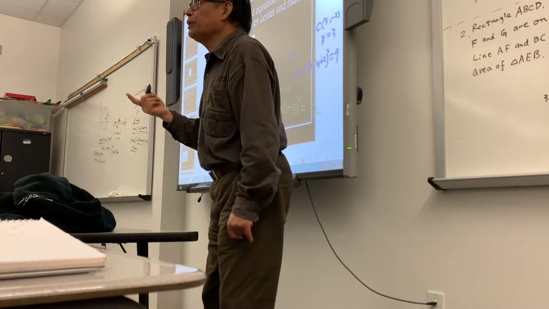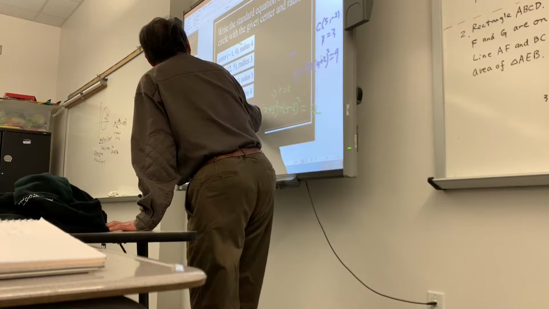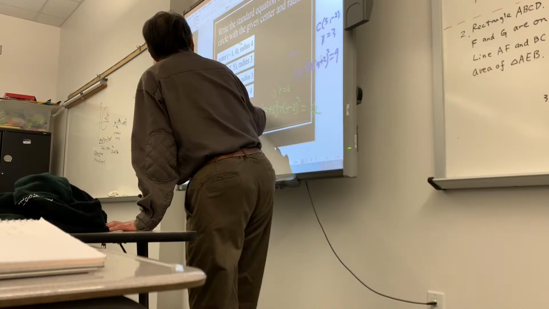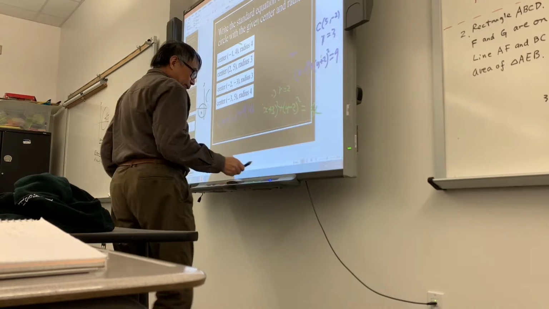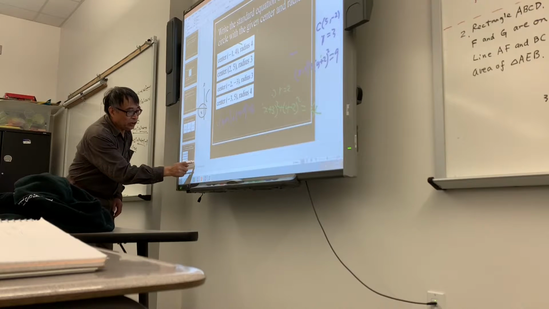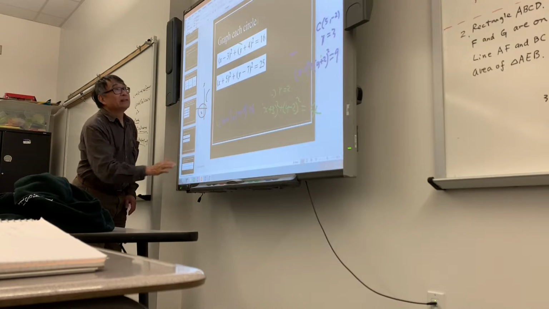Do you understand? So this part is very easy work. x minus negative 3 is x plus 3. y minus 5, y minus 5. 4 squared is 16. Okay, good. Now we continue.